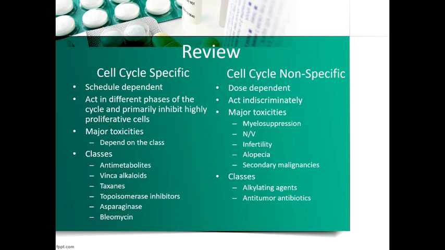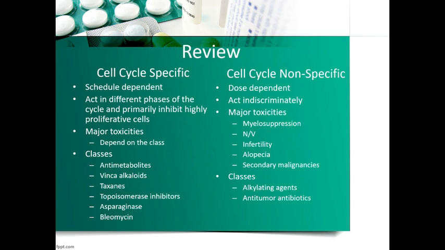All right, so just a quick review here. We've got cell cycle specific agents. These are schedule dependent. They work in different phases of the cell cycle, and they primarily inhibit highly proliferative cells and cancers. Major toxicities really depend on the class, but anytime you have a rapidly growing cell type, you're going to see toxicity there, such as hair loss, nausea, vomiting, GI distress, myelosuppression, and so on.